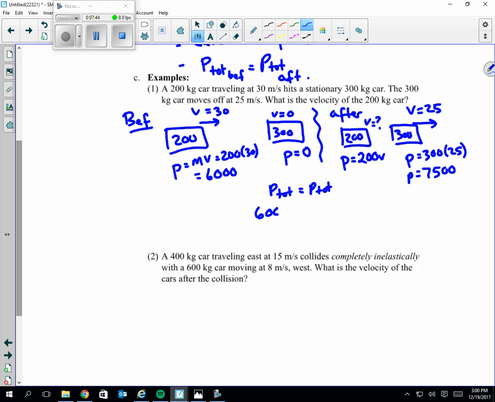So 6,000 plus 0 is my total before. It's going to equal 200 v plus 7,500. Subtract 7,500 from each side, make it negative 1,500 equals 200 v, v ends up being negative 7.5. And remember, negative just means to the left.